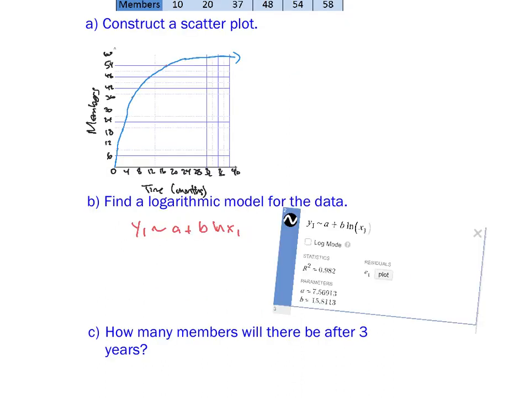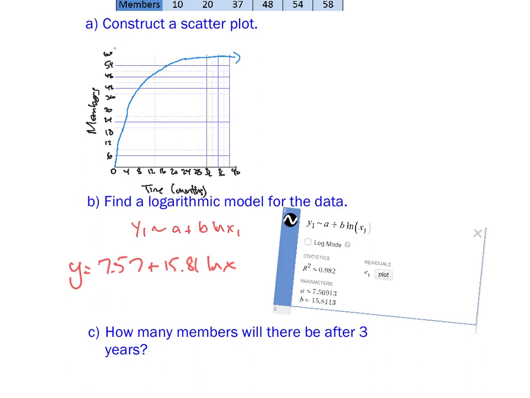All right, so Desmos tells us the equation of the logarithmic model is y equals, to 2 decimal places, 7.57 plus 15.81 times the ln of x.